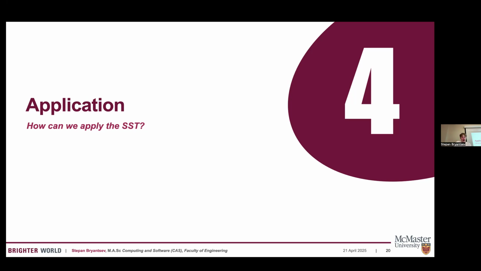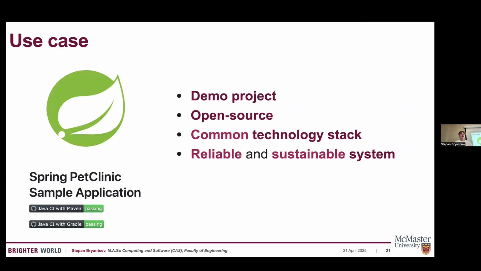And now I'm going to explain how we can apply the developed system. Here is what we are doing to evaluate the proposed system. First, we selected an open source Spring Petclinic application.